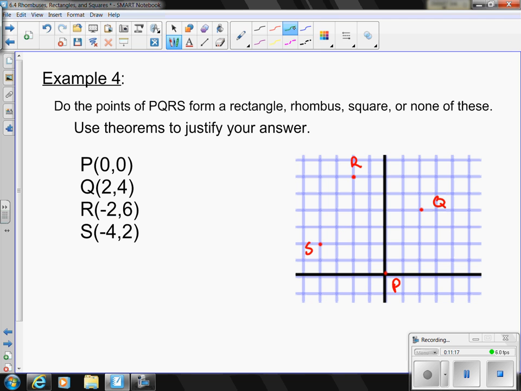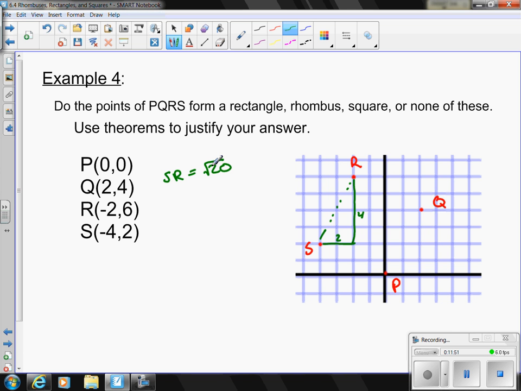So I am going to start with just kind of the easiest approach here, and I'm going to use the distance formula, and it looks like this side length, this is 2, this is 4, so the length of SR is going to equal the square root of 2 squared plus 4 squared, which is 4 plus 16, 20, right?